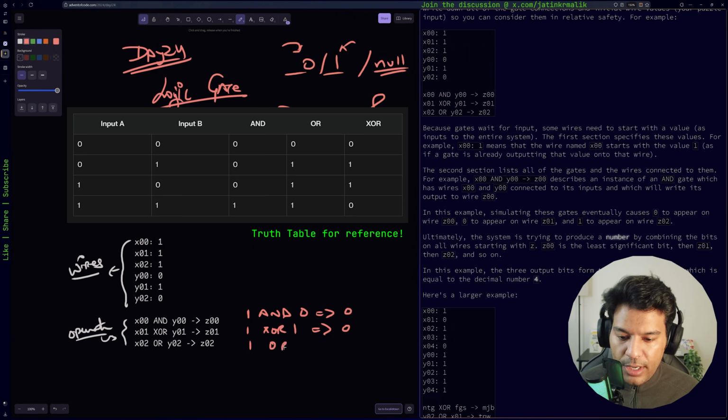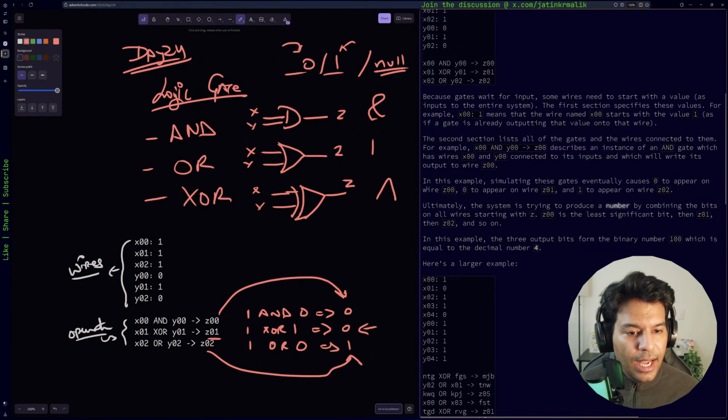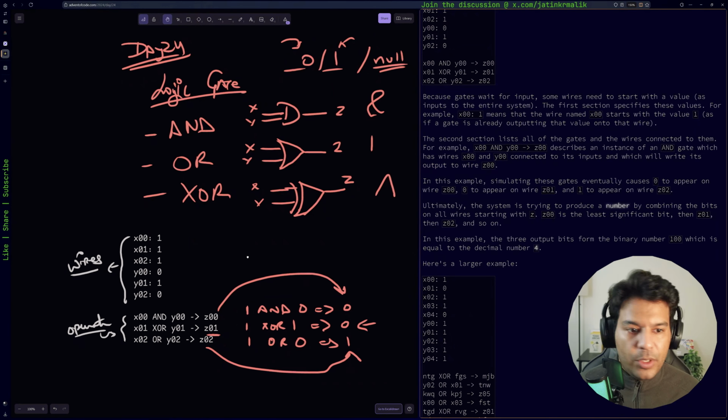With OR, even if both are 1, we get answer 1. So these are the values for z00, z01, and z02, and that is absolutely correct.